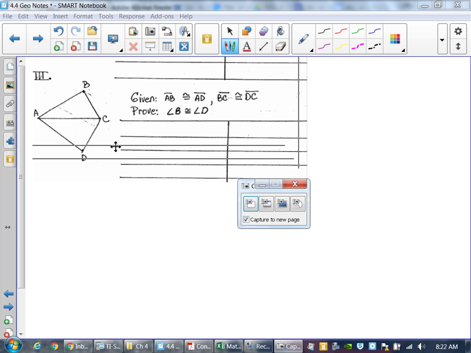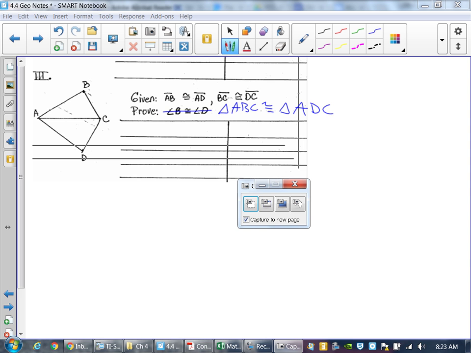Do a light cross of that, but I want you to show triangle ABC congruent triangle ADC. There's an extra step that we haven't shown you yet. We'll do that tomorrow, because it's quite literally one more step. There's nothing to it, okay?